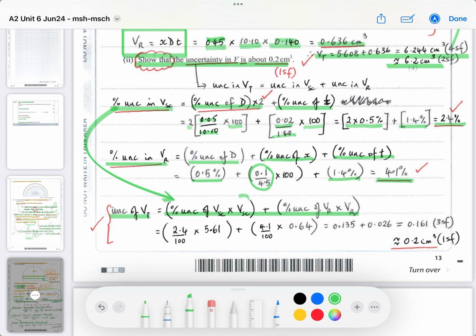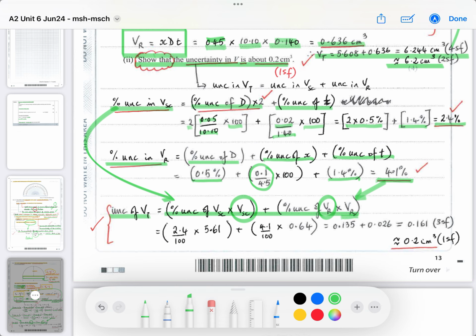So this is the actual volume, because we know our uncertainty is the percentage uncertainty times the value, and likewise the 4.1% for the uncertainty in the rectangular part, you multiply by the value we calculated in part 1 above.